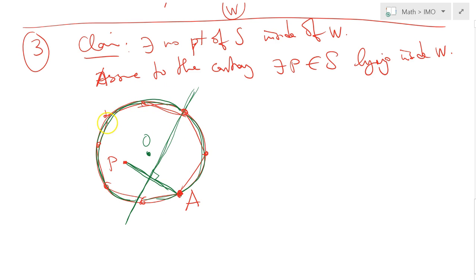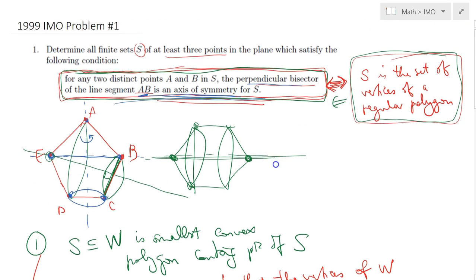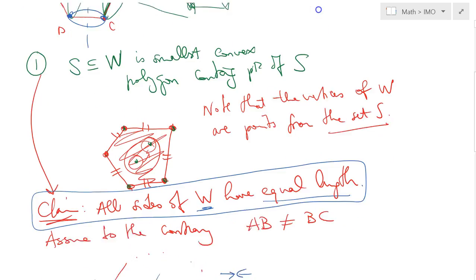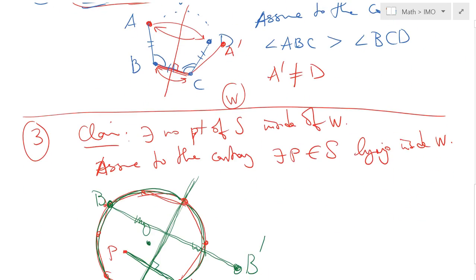On the larger portion there will definitely exist a point, say point B, such that when we reflect it across this perpendicular bisector, it will fall outside, and so this distance is equal to this distance. It will fall outside the convex hull, but again this is a violation of the condition, right? We assumed that all these reflections should end up on the set S. So this is a contradiction.